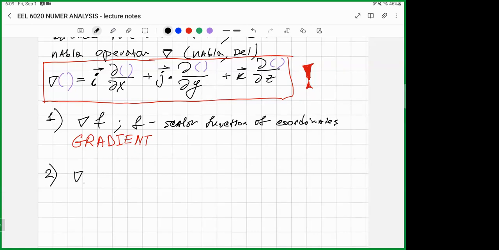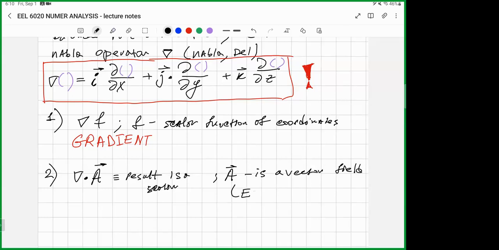So when I apply this nabla operator as a dot product, as we discussed, I would get a scalar, right? The result is a scalar function. And of course, A is a vector field.